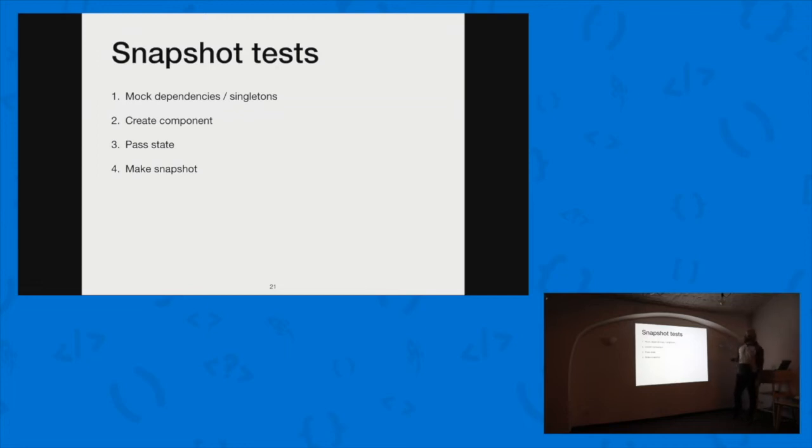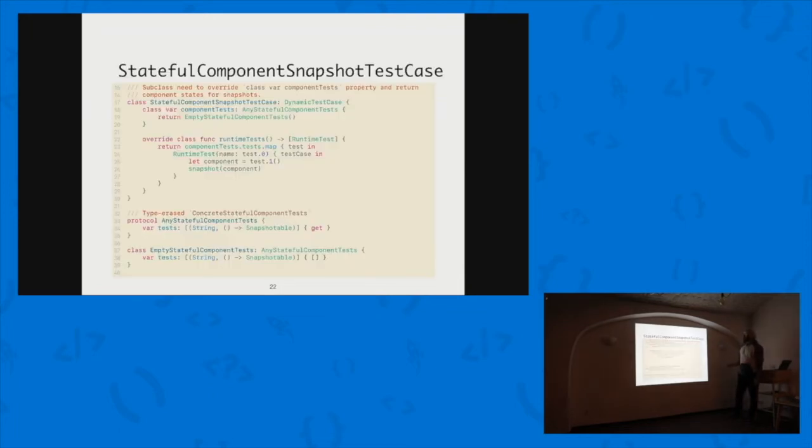And our snapshot test looks like we mock everything, create the component, pass state, make a snapshot. For most cases, it looks the same. You just copy paste most of the stuff. We can generate it, why not, yeah? So a stateful component snapshot test case was created.